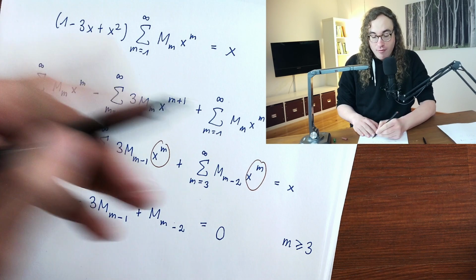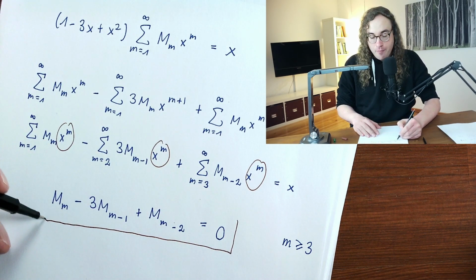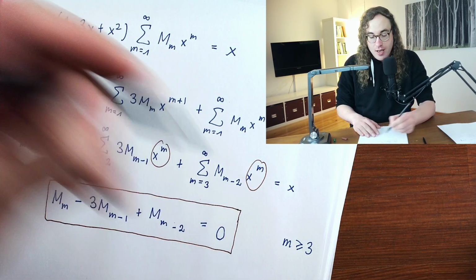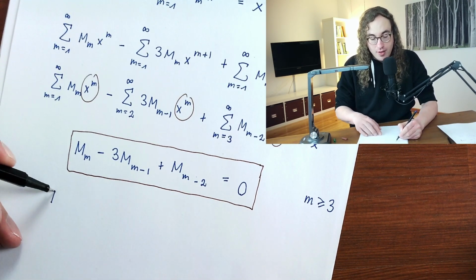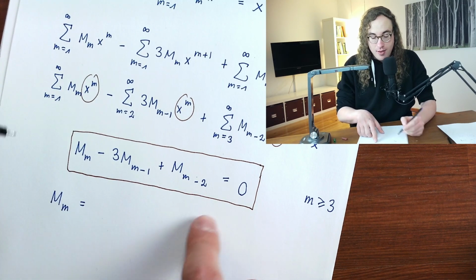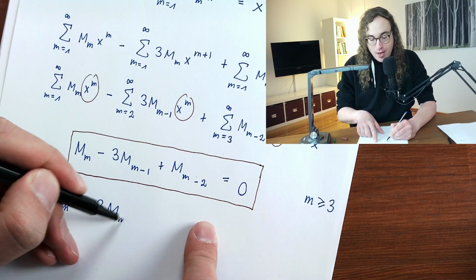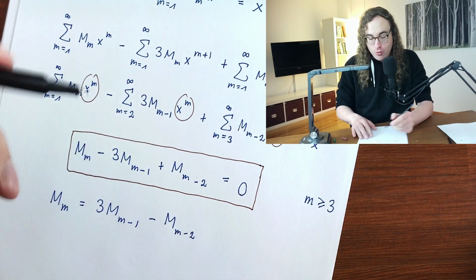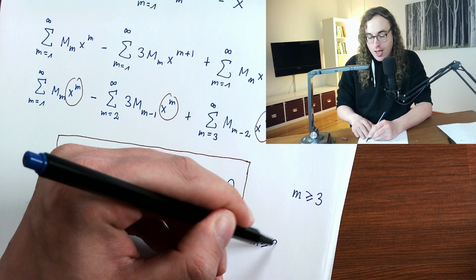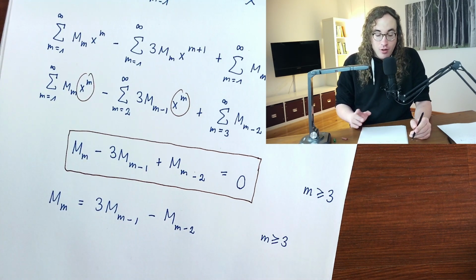So we've just obtained a very interesting identity. And we can now use this to get a recursive definition of the values mm, right? Because this means that mm is the same thing as 3 times m minus 1 minus m lowercase m minus 2, at least when m is at least 3. Good.